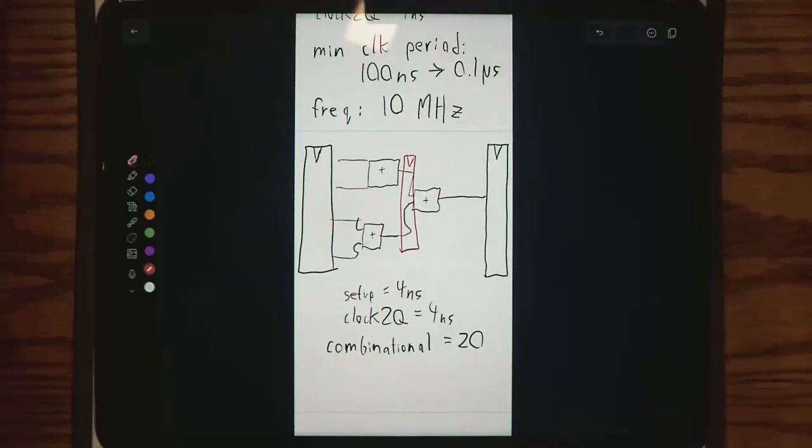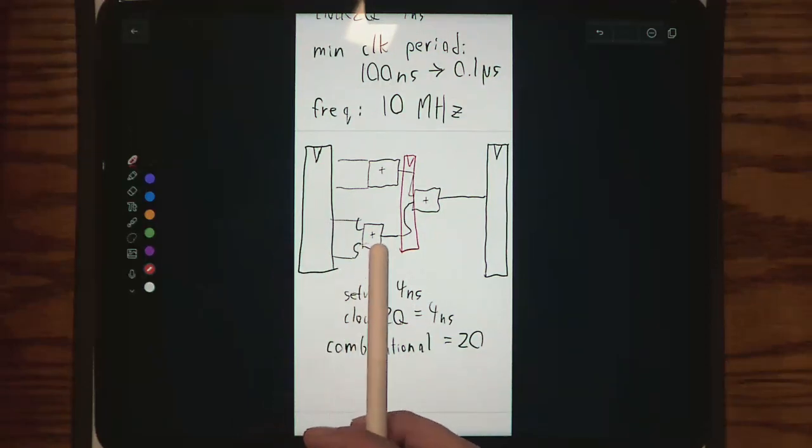Yes. Question. Yeah, I'm sorry, how does it make it faster? So it's decreasing our combinational delay, because before it was 20 nanoseconds to go from this to this. Now it's only 10 nanoseconds to go from one flip-flop to the next flip-flop. So we're only looking at the time for a flip-flop's data to be sent to the next endpoint.